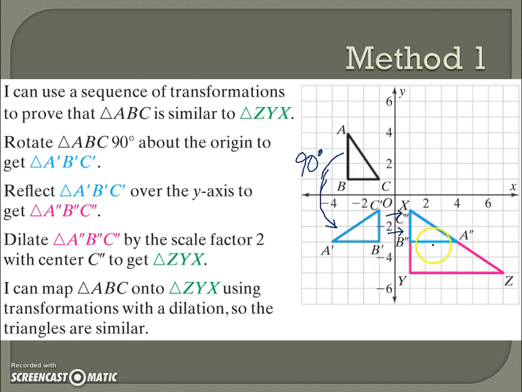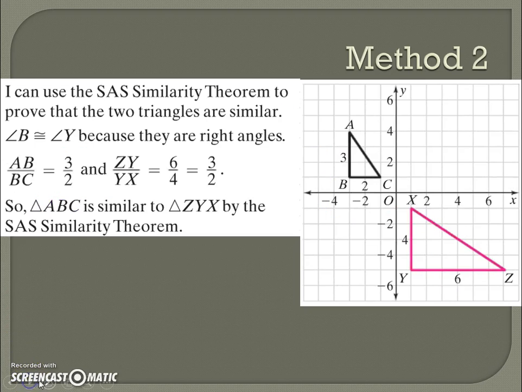Now I know that that's a scale factor 2 because this has a side length 3 and this has a 6. So to get from 3 to 6, I would have to use a scale factor of 2. So I can map ZYX using transformations with a dilation so that the triangles are similar. These two triangles would line up perfectly after going through these 3 steps. That's the first way I could get from this to this. Now that's not the only way to do that. Let's take a look at another way.